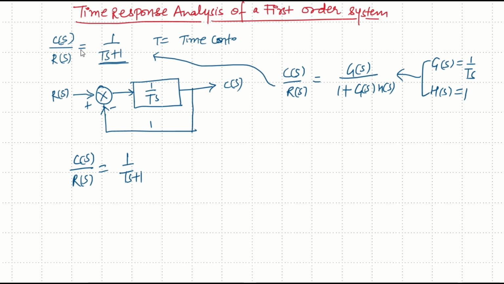Now, to discuss the time response analysis of the first order system, let us take one example. Here I am taking one example of the first order system, an RC network. In this RC network, we have one resistance and capacitance connected like this.